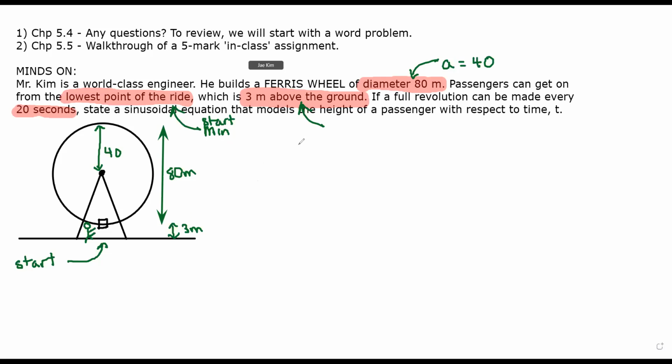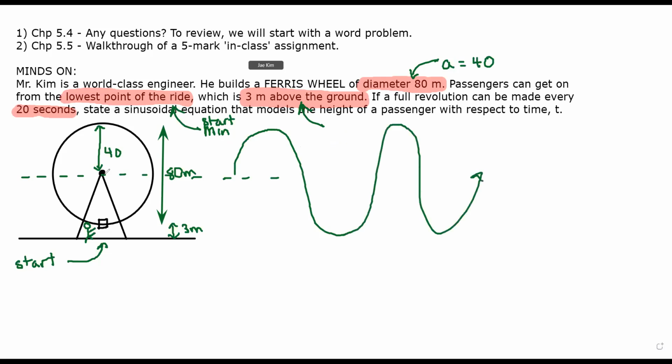That might not seem like a direct, like you might think, oh, is C equals 3? No, not necessarily. Once again, if I were to draw a dotted line on a Ferris wheel, and you know that the ride goes up and then down and then up and then down, I am always returning to the height of that central axis, that mid-axis, which happens to be where the middle axle is for the Ferris wheel.